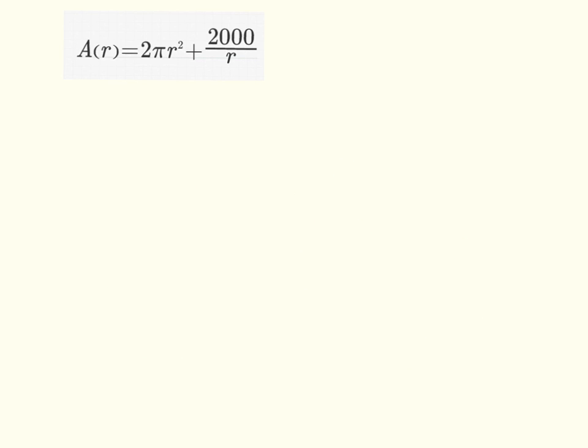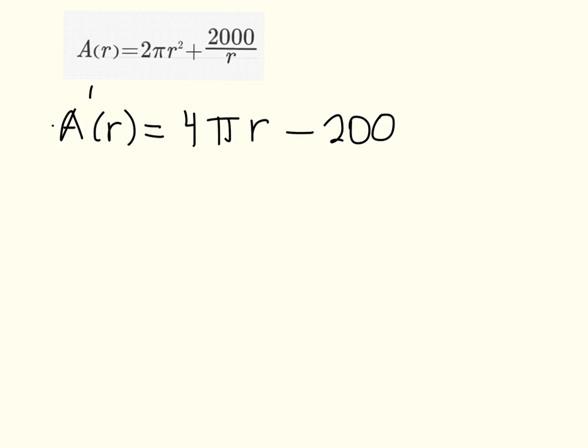So once we have the function that we're looking to minimize, we have to obtain the derivative of the function. So A prime of r is going to be equal to 4 pi radius minus 2,000 radius to the negative 2.